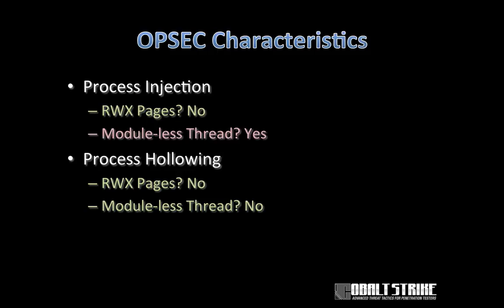In general, if you're careful, process hollowing is fine in terms of RWX pages, and because it's hijacking an existing thread, you happen to have a thread with good characteristics. So that's how these two behaviors stack up against the things we've talked about.